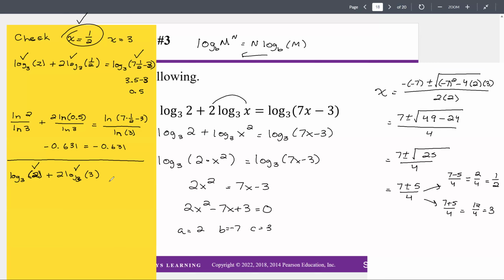This one's okay because there's a log of a positive. And then we would do a log of 7 times 3 minus 3.